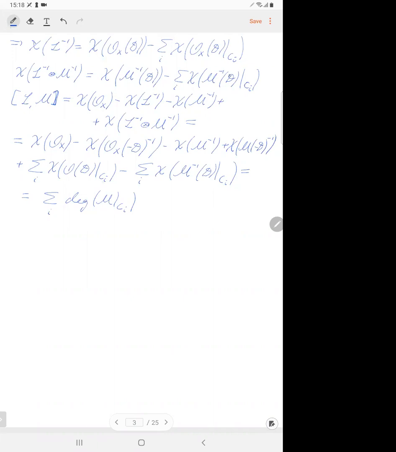Because we are discussing certain line bundles on the curves Ci's, namely the line bundles O of D and M inverse of D, right?